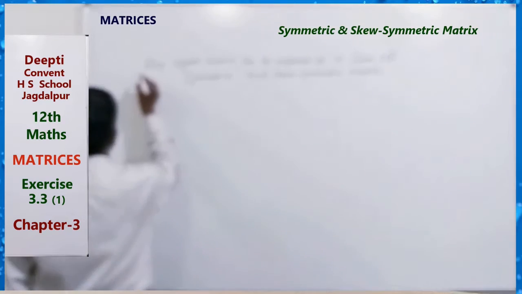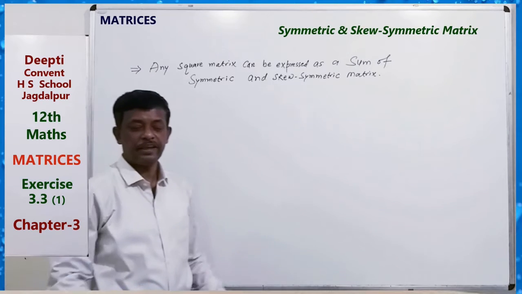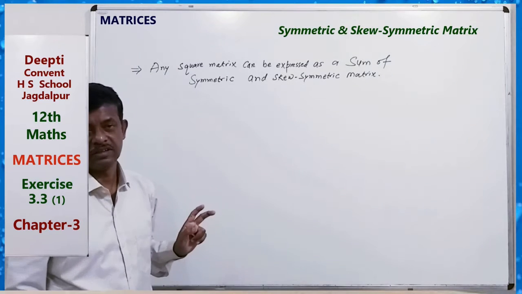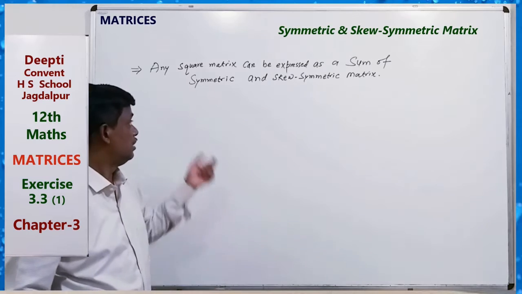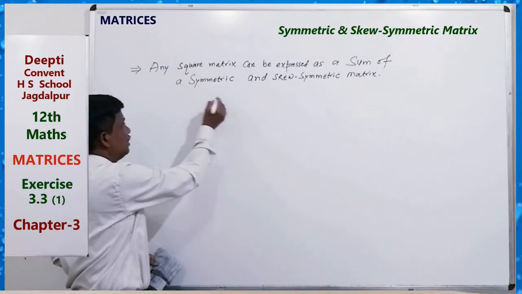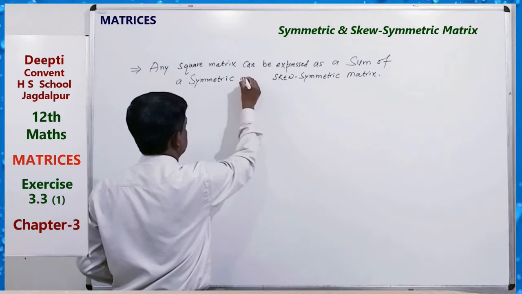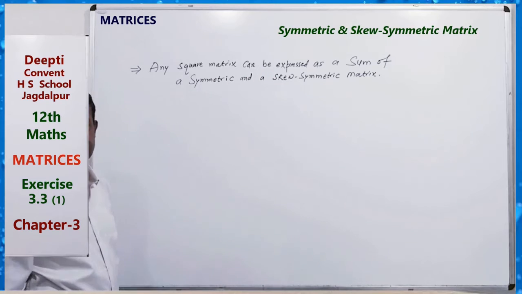It's a very important property. You can take any square matrix, and that matrix can be expressed as a sum of a symmetric and a skew symmetric matrix. Okay.